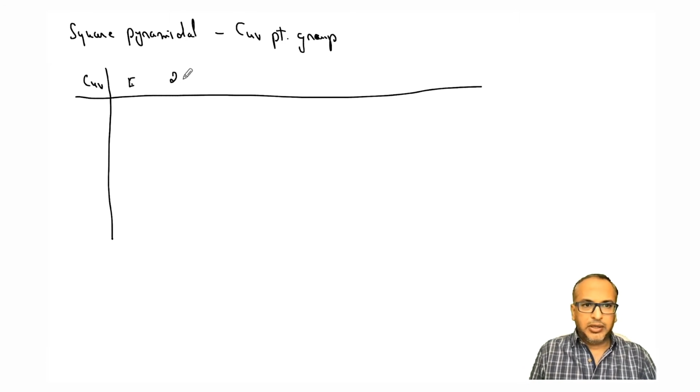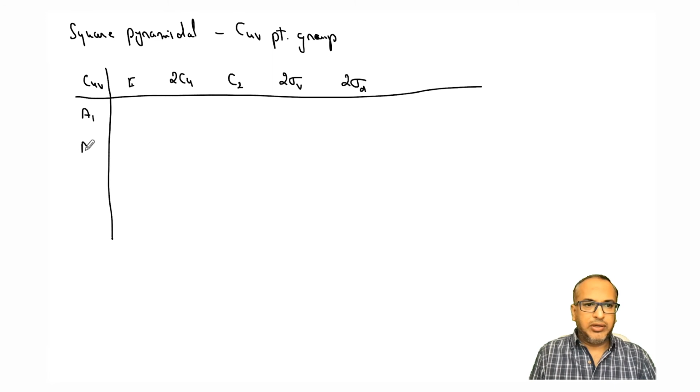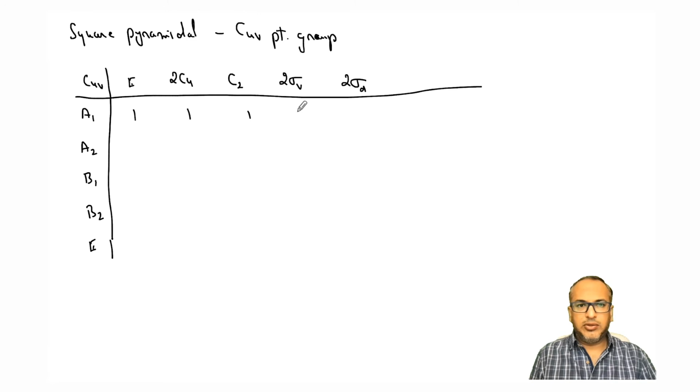E, 2C4, C2, 2 sigma v, 2 sigma d, and on this side I have A1, A2, B1, B2, E, and here I have all ones, totally symmetric, and here I have 1 1 1 minus 1 minus 1.